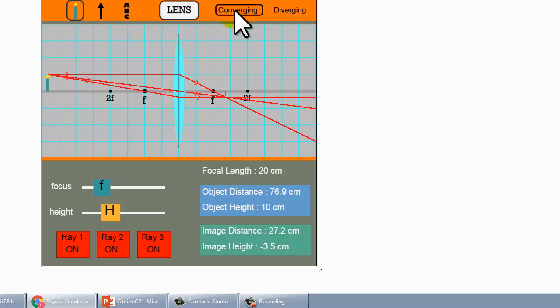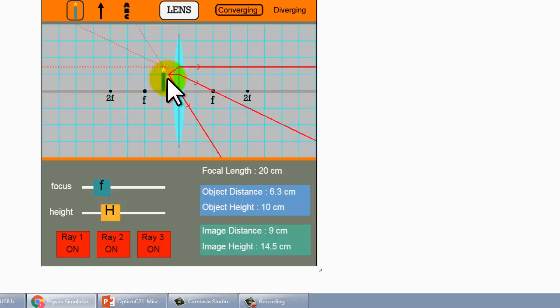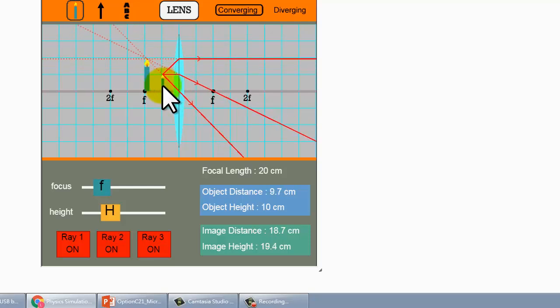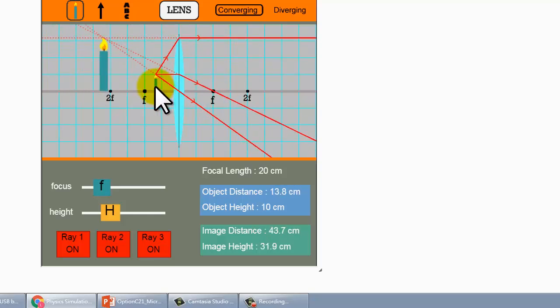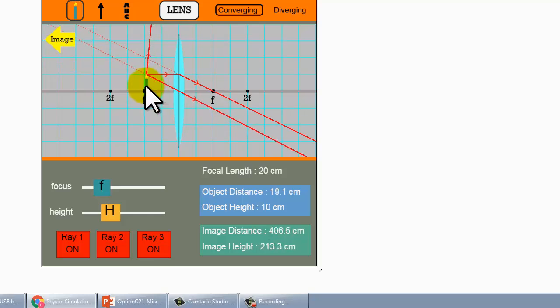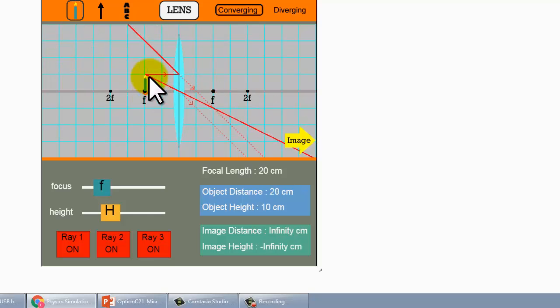Basically, what you can do is take a look here. This is a convex lens, a converging lens, and if the object is near the lens, between the lens and f, then the image will form at the back of the object, and it will be magnified. As you approach f, it will become larger and larger and larger. At infinity, it's kind of like the tipping point of the image.